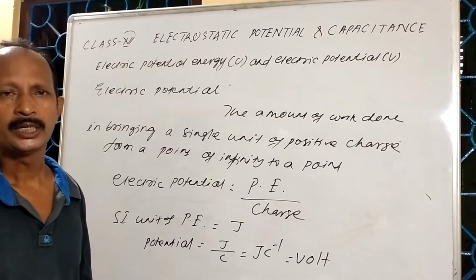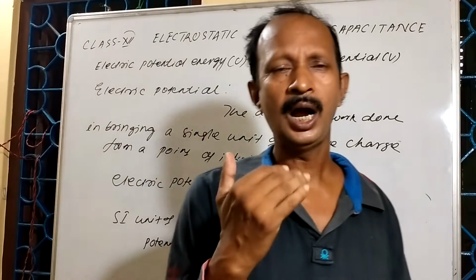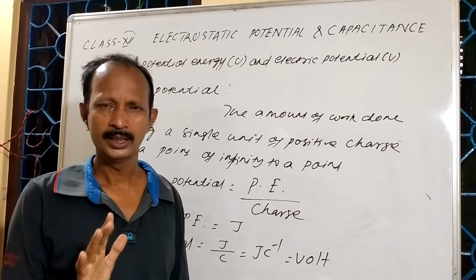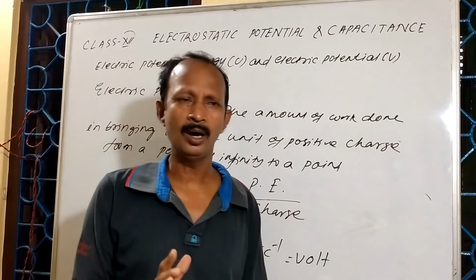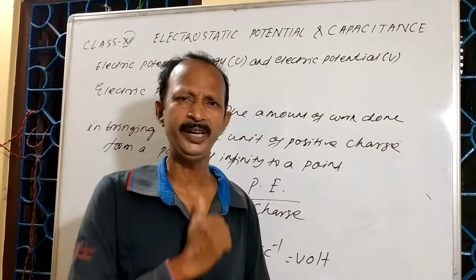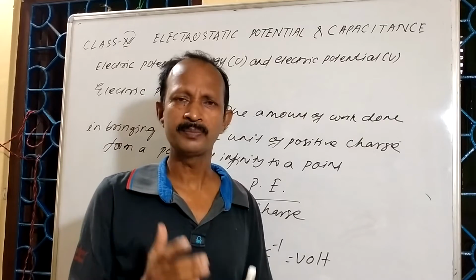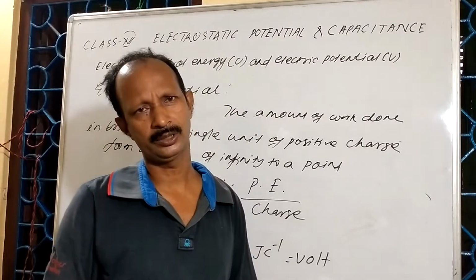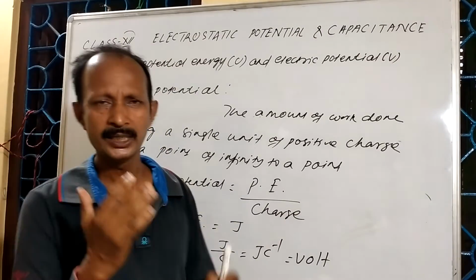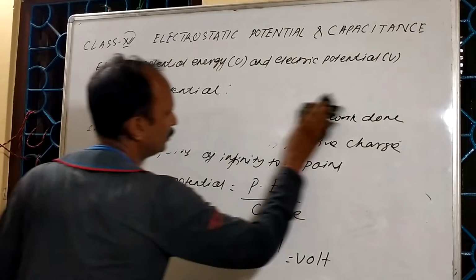This is the difference between electric potential energy and electric potential. Potential energy is the work done for bringing that charge from a point of infinity to a point, but potential is the work done for bringing a single unit positive charge from infinity to a point, and is called the electric potential of that point. Let us see that.